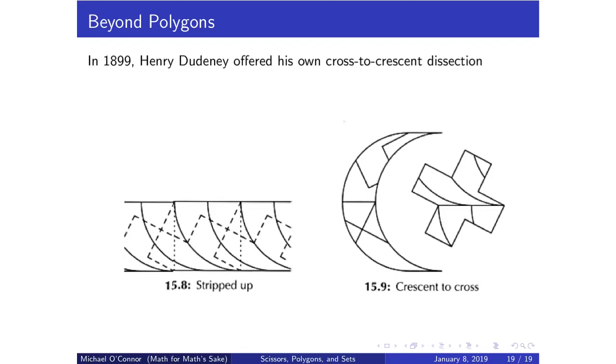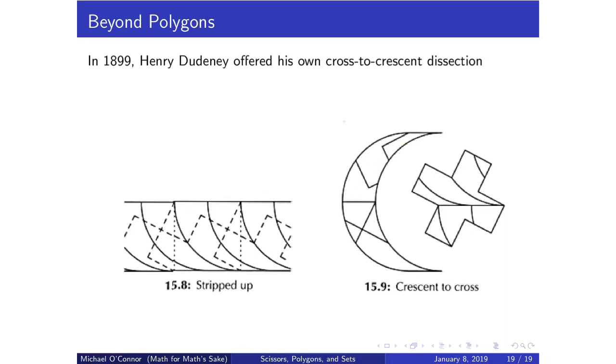You can use the strip method. What's going on here is that you start with this crescent, chop it in half, and then use that to tile this infinite strip. Then you tile the infinite strip in another way by making these cuts, which you just know form a cross. Then you take these pieces: for example, these cuts become these cuts, and these cuts flipped up become these cuts.